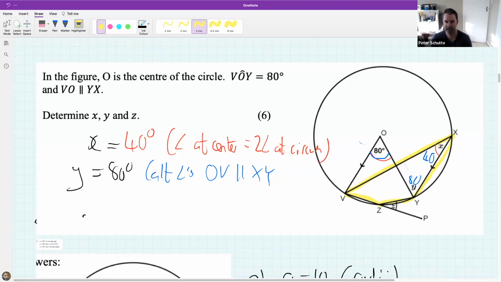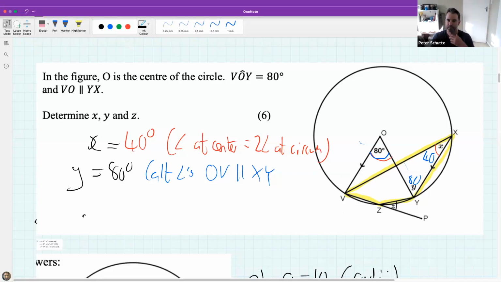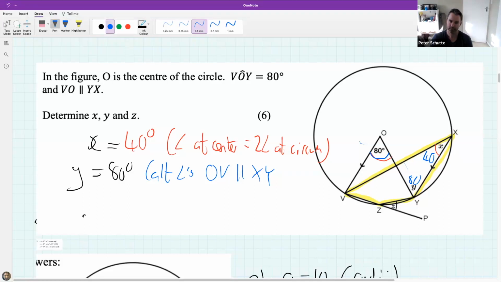What type of quadrilateral is that? It's a quad. Yes, it's a quad. And what type of quad is it? It's not necessarily a trapezium. It's the yellow thing I want you to look at. What is special about it?